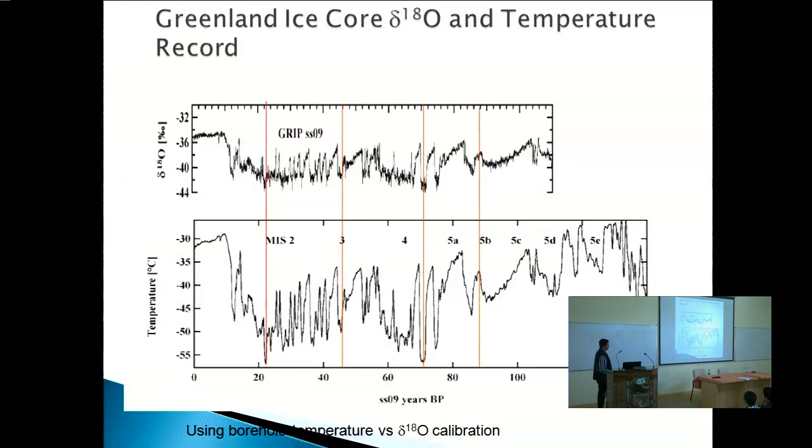These are called stages, where there were periods of glaciation, then a large interglacial period, and then a glacial period.